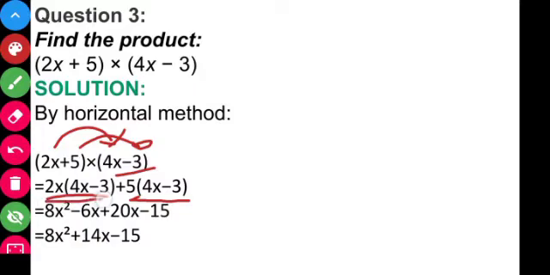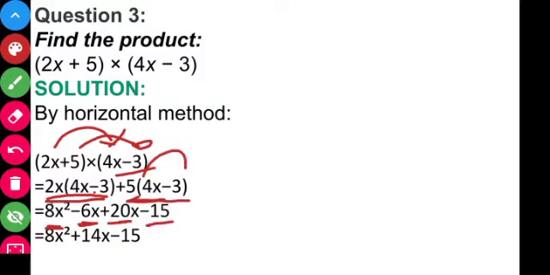So 2x into 4x, 2 fours are 8x square, and 2x into 3 will be minus 6x because of the minus sign. Now 5 fours are 20x, and 5 threes are 15.